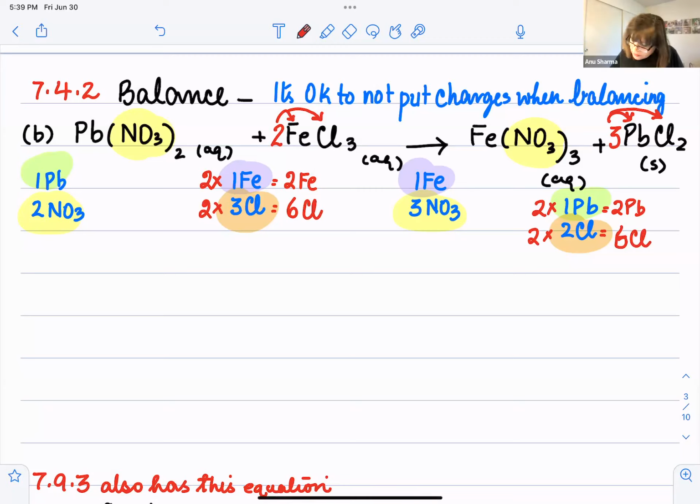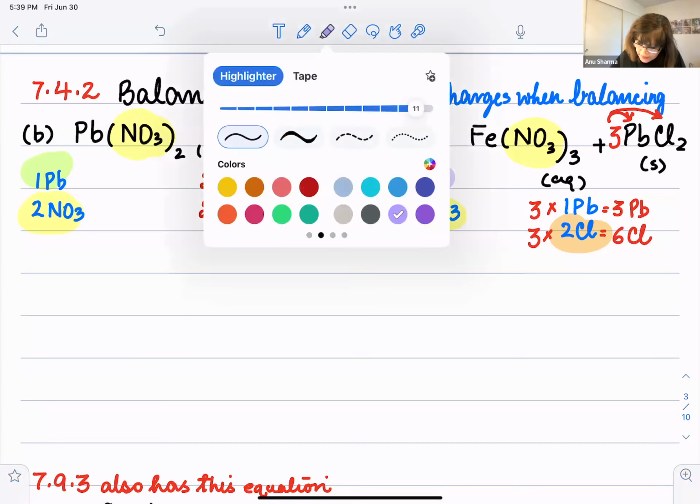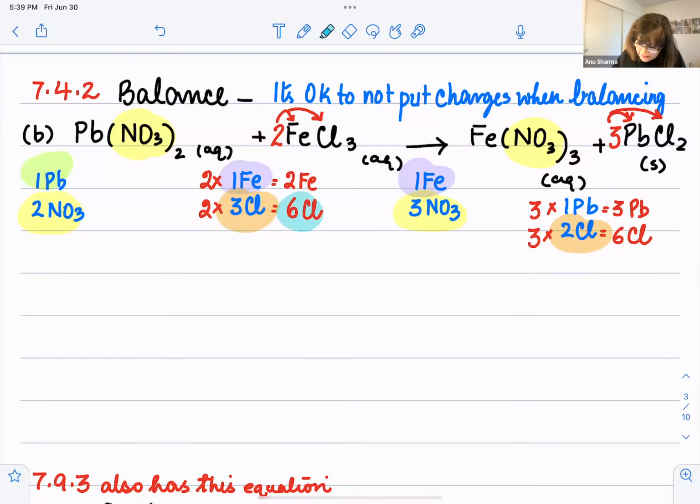So what am I doing here? I'm sorry. I think I made a mistake here. This was 3, not 2. So that's why. Okay. 3 lead and 3. So this becomes 3 lead and 3 2s are 6 chlorines. Okay. So now we see here that the chlorine is 6 chlorine and 6 chlorine.